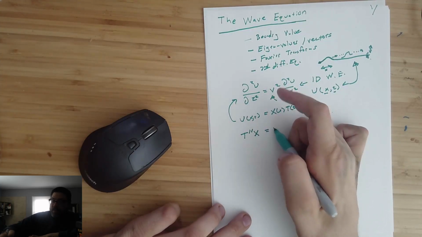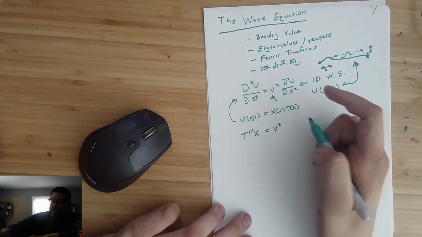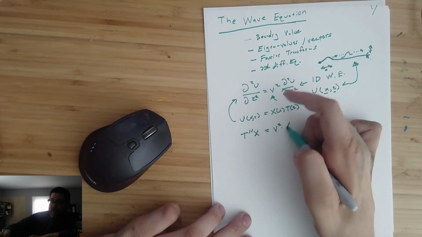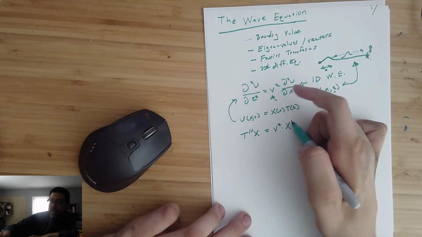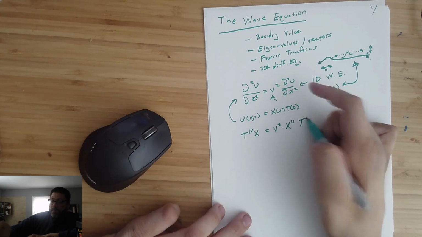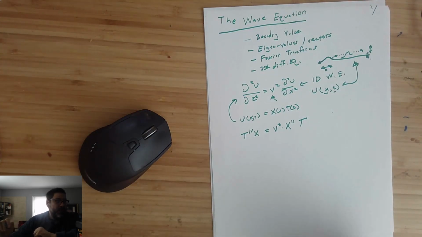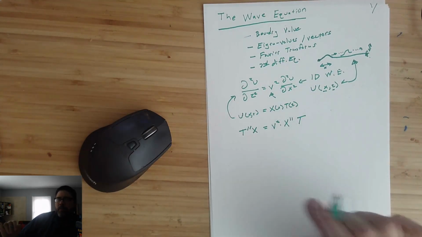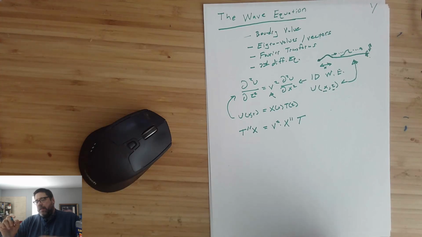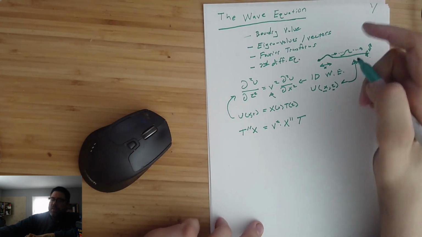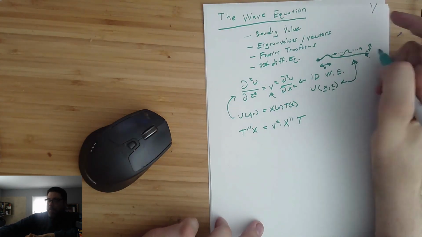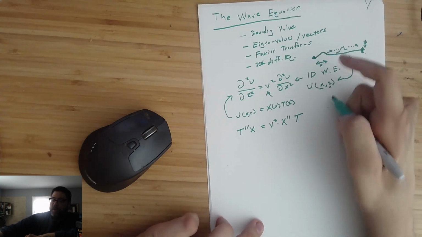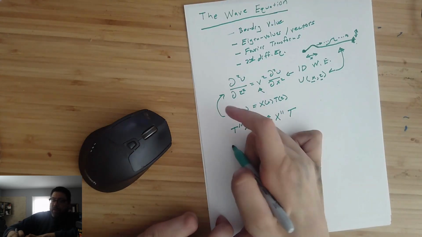And then we're going to get v squared times this side, which doesn't care about t, only cares about x, so it's going to be the second derivative of X times T. This is an interesting equation, and we need a little bit more information. In this case, that little bit more information comes from the boundaries, right? This is often called a boundary value problem, right? So let's just write that, a boundary value problem.